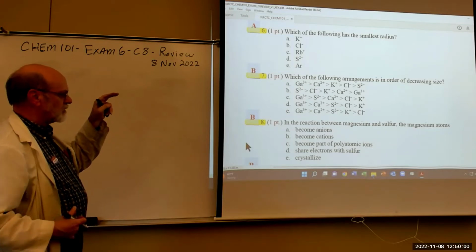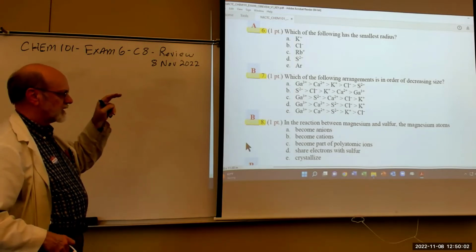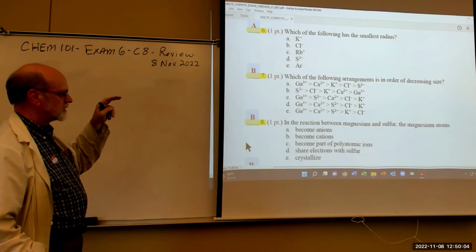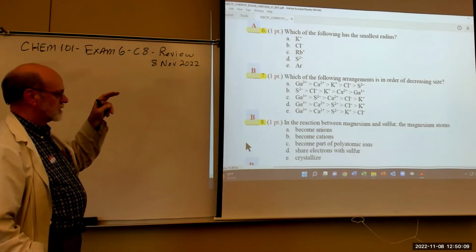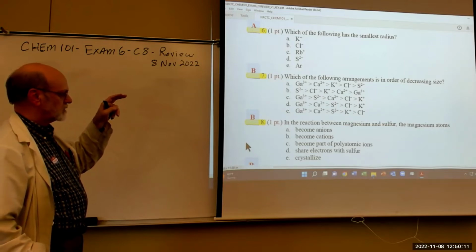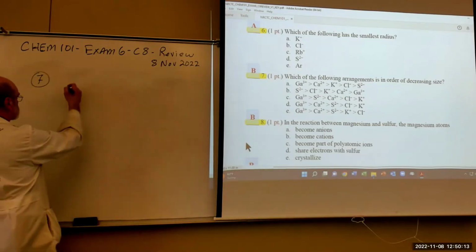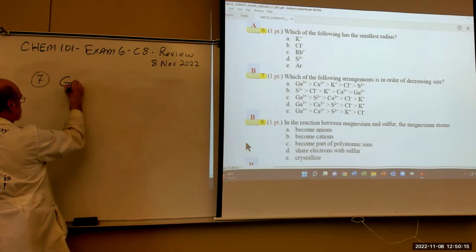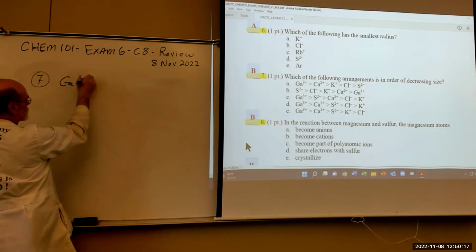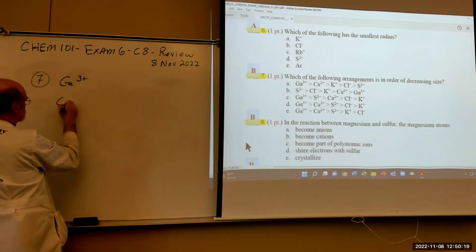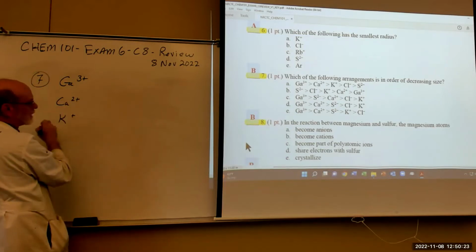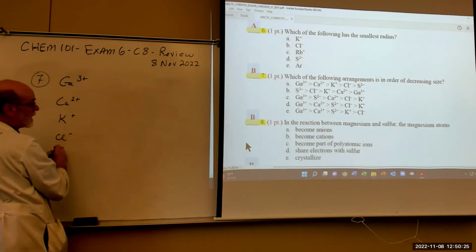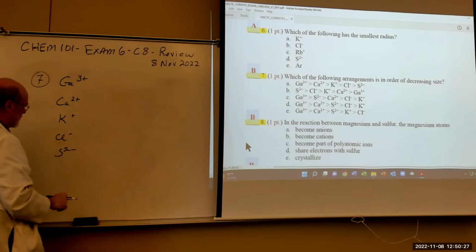I'm scanning all of our selections to see if they've got the same: calcium, potassium, chlorine, and sulfur. So we know that we've got gallium 3+, calcium 2+, potassium 1+, chlorine 1-, and sulfur 2-.